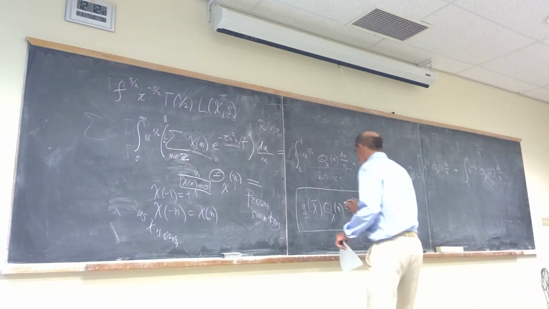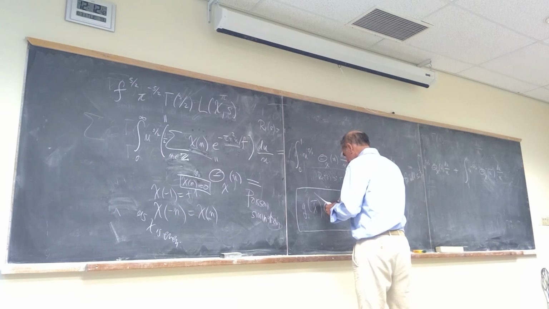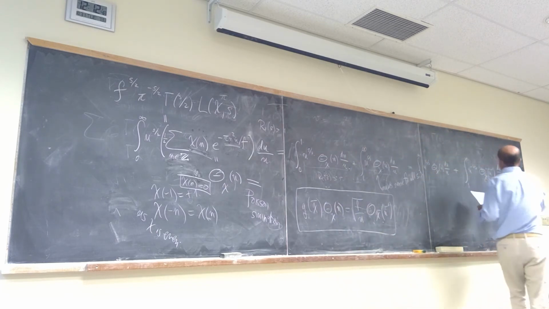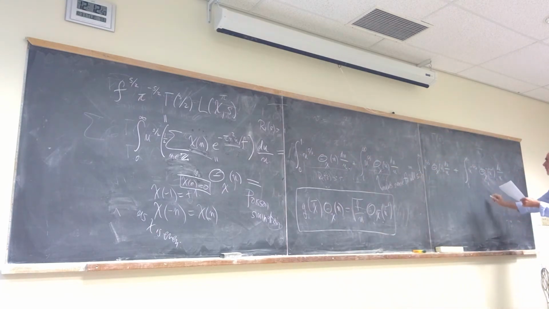I'll write it like this. And find that theta chi of u inverse is g of chi, let's see if I get this right, the square root of u over f, theta chi bar of u. So that's the key step that's done by Poisson summation.